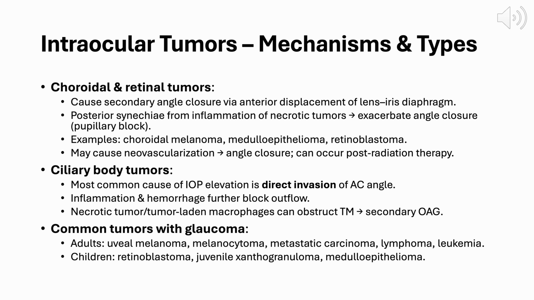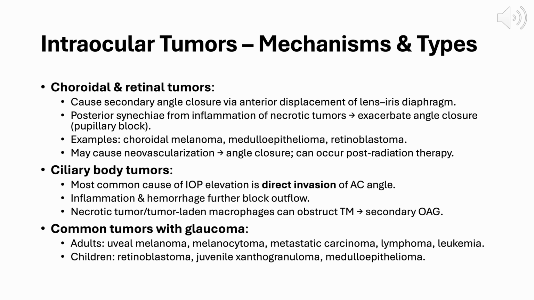Ciliary body tumors are especially likely to cause pressure elevation because they can directly invade the anterior chamber angle. They may also produce inflammation and intraocular hemorrhage, further blocking aqueous outflow. Necrotic tumor tissue or tumor-laden macrophages can accumulate in the trabecular meshwork, resulting in secondary open-angle glaucoma.